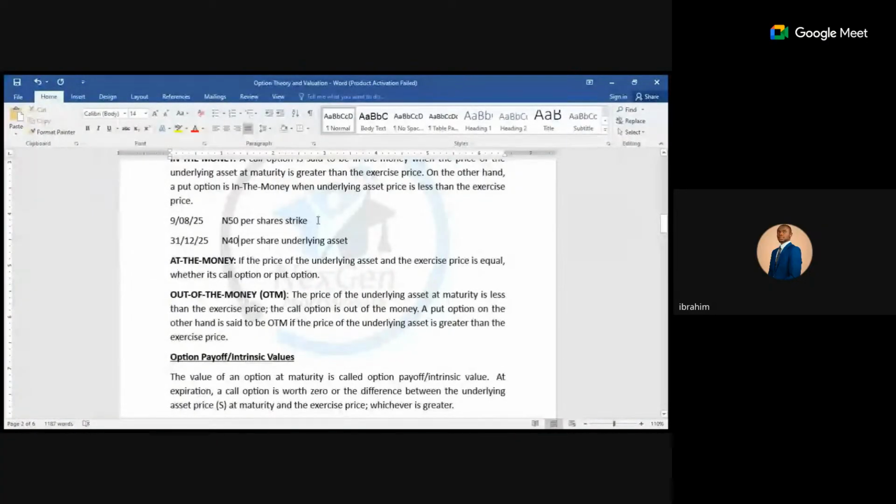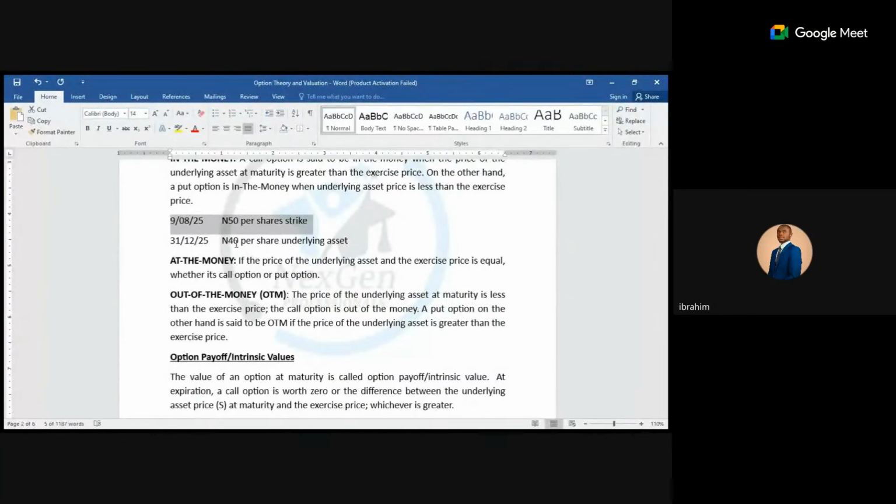Class, you've already said you want to buy the shares at a future specified date, 15 naira, right? And what is the future specified date? It is 31st December 2025. Then if I get to that 31st December 2025, the price now becomes 40 naira per share. You have an option.